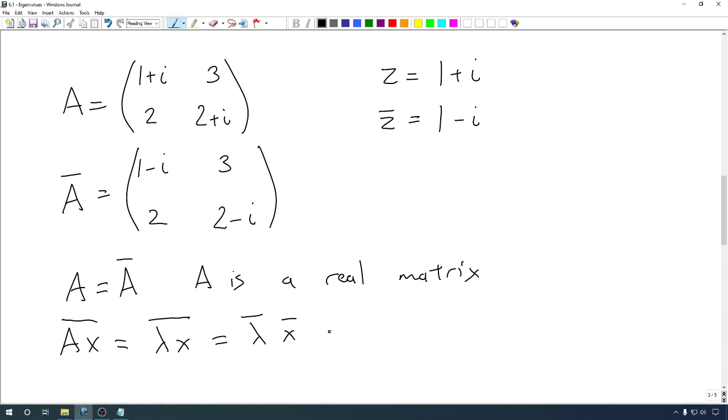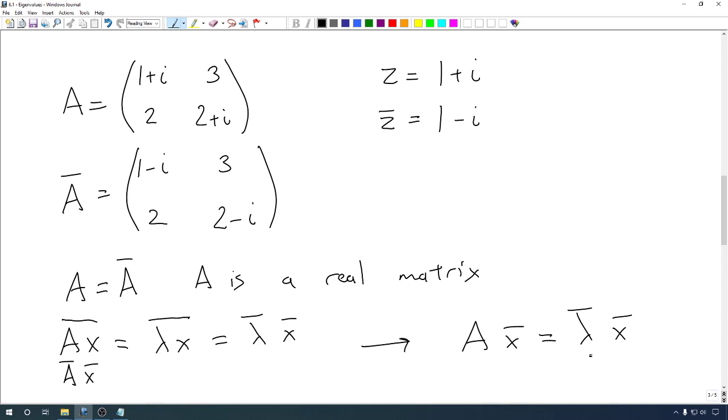Over here, this is actually A bar x bar, and if A is a real matrix, this is just A times x bar. So we actually get A times x bar is equal to lambda bar times x bar.